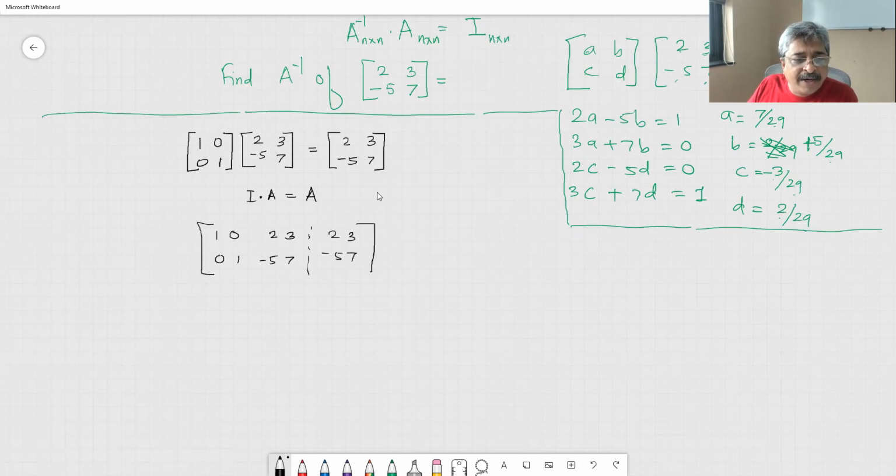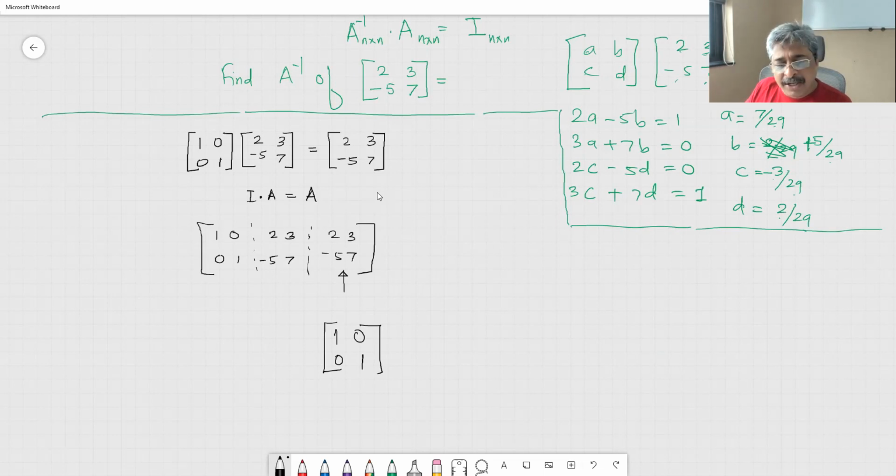So this is the augmented matrix I have written, all the matrices put together. Now your efforts should be such that you transform this matrix into the matrix looking like 1, 0, 0, 1. For doing that, you do whatever row transformations are required.